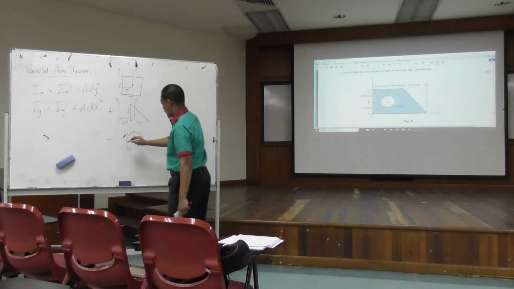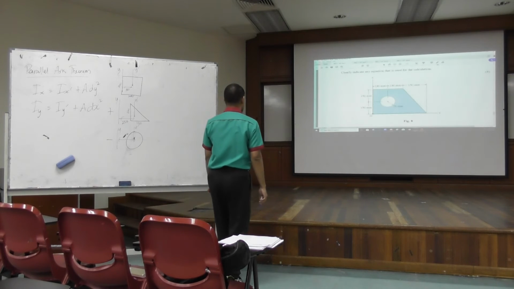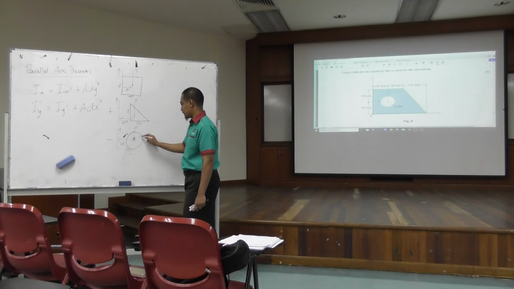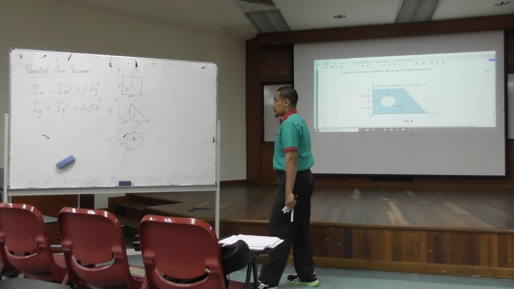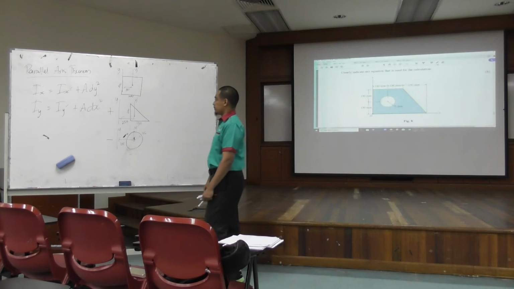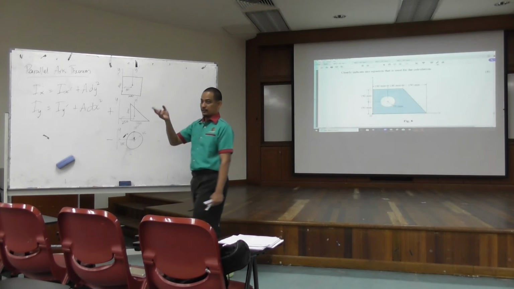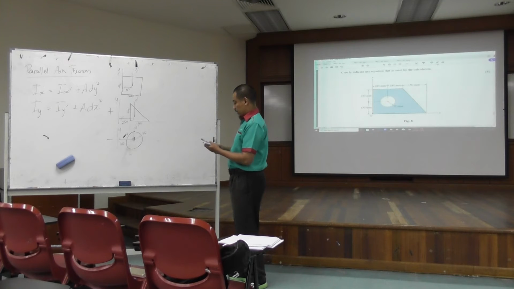For this circle, the y-axis is here, y prime will be here. What will be dx? 100, and then radius is 75. The equation for y prime is basically similar, you just switch between h and b.